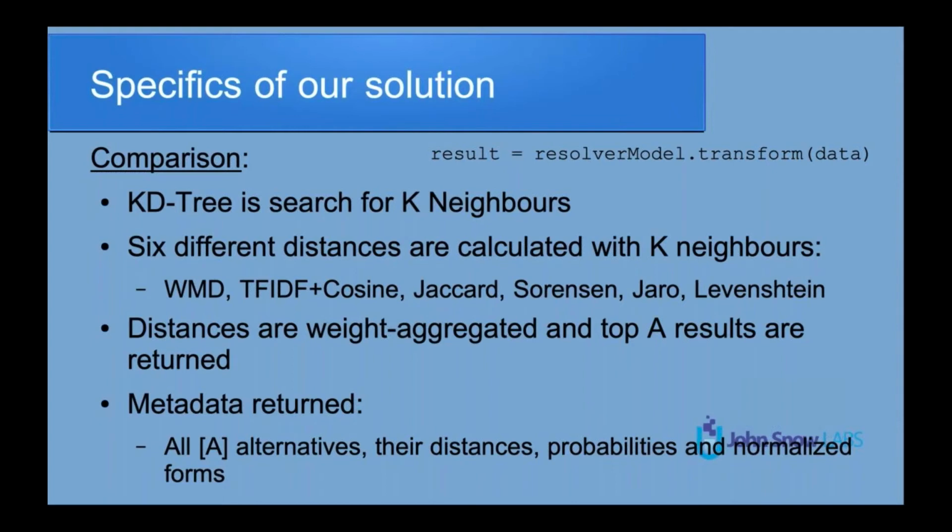We find k, let's say, candidates for this input. And then in these candidates, we calculate 6 different distances, at least so far. We actually keep increasing the number of distances implemented. As of today, we have 6 distances, mainly the word mover's distance, which is based on earth mover's, the TF-IDF, Cosine, Jaccard, Sorensen-Dice, Jaro-Winkler, and Levenshtein.